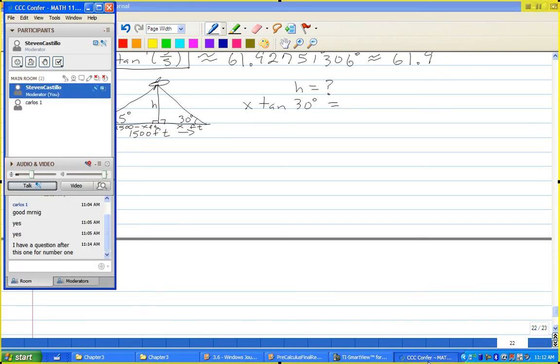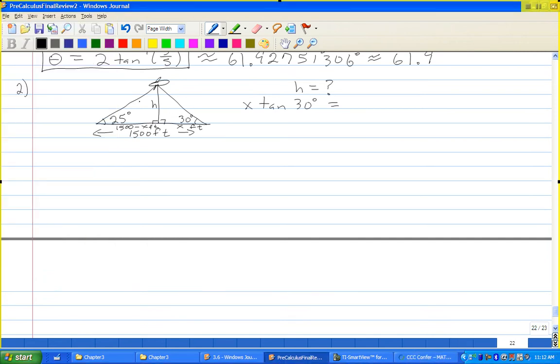The opposite H is 1,500 minus X times tangent of 25 degrees.